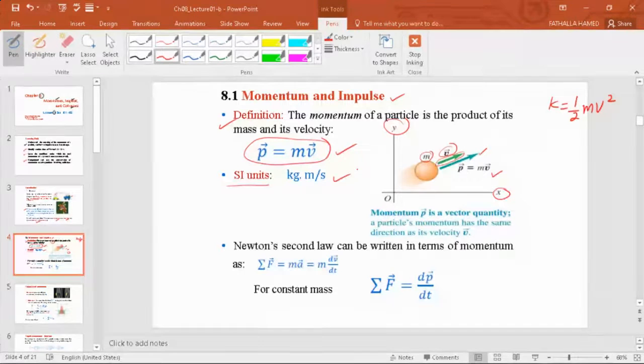Now, if you look at what we did in chapters 4 and 5, when we talked about Newton's second law, we said basically that the summation of the forces, or the net force, should equal ma. And from what we did in chapters 2 and 3, a is basically dv by dt.